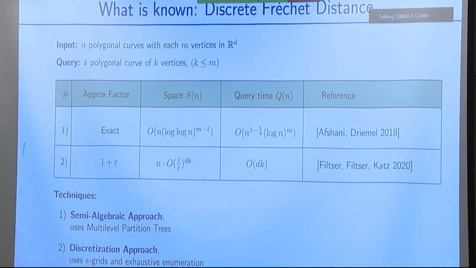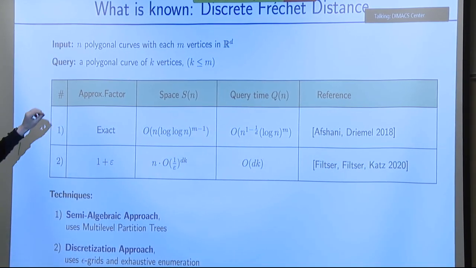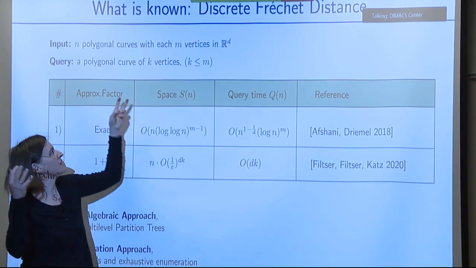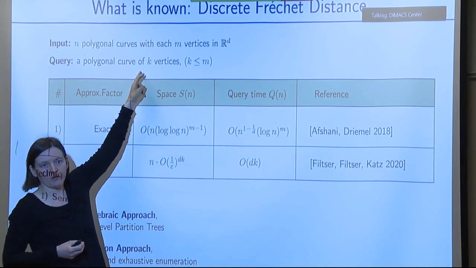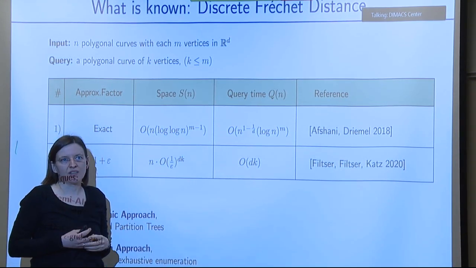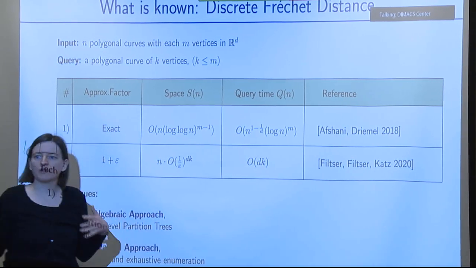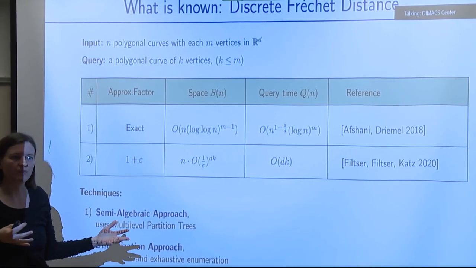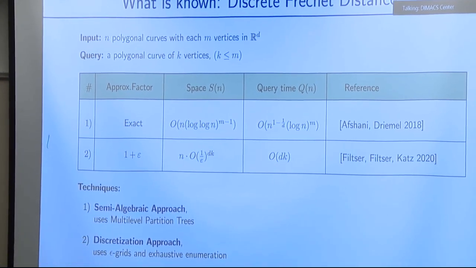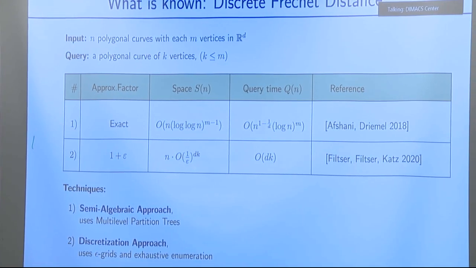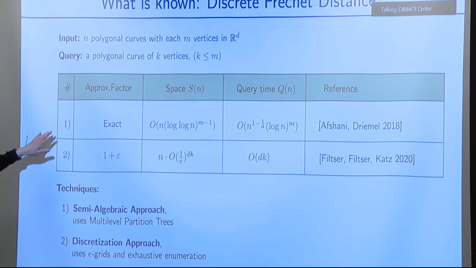The queries don't have to be of the same complexity. At query time you could say, I only want to support queries of length k at most. Then you get a bit of an asymmetry, but it's also natural to look at this version.